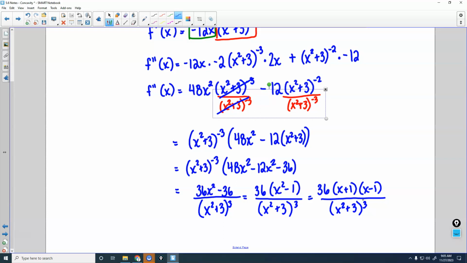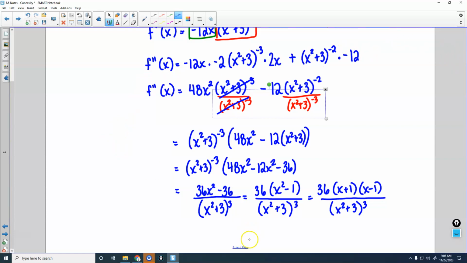The reason I factored that the furthest is because it might make your chart a little bit easier at the very end. So after doing all of that, we finally have our second derivative, and we've got it in a usable fashion. If that's all it asked for, we could have stopped, but we got to simplify it so that it's usable.